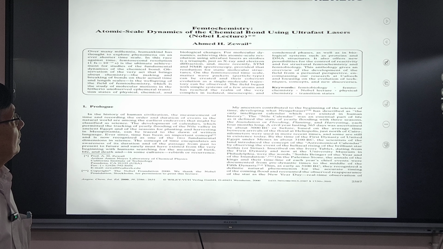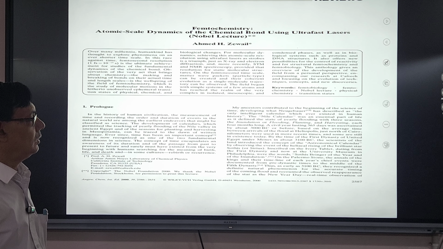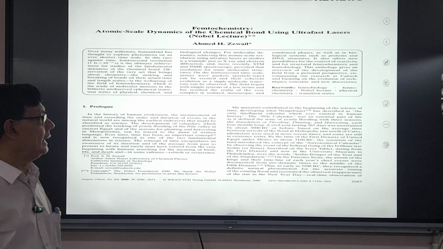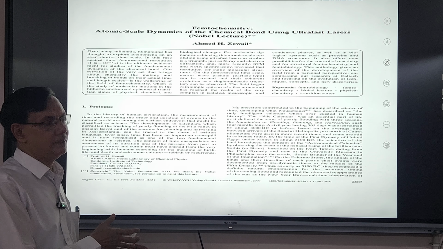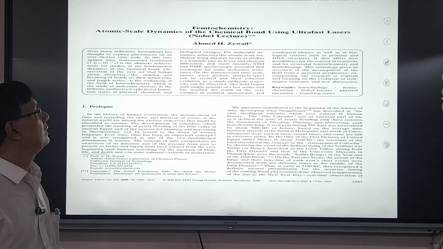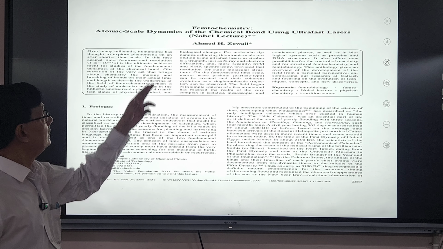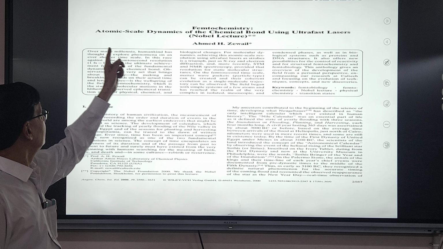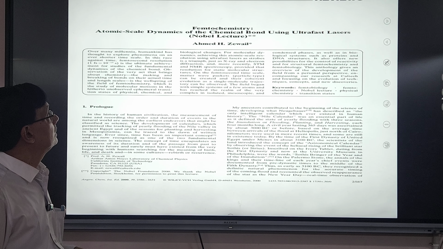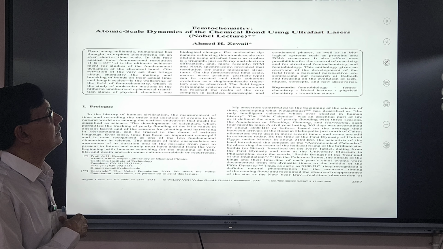And again, whenever I discuss any Nobel laureate's work, I always mention the lectures given by that scientist, like Marcus, whom I have already discussed with the RRKM theory. When he delivered his lecture in the history of the Nobel Prize, his title was Atomic Scale Dynamics of the Chemical Bond Using Ultrafast Lasers and other things.